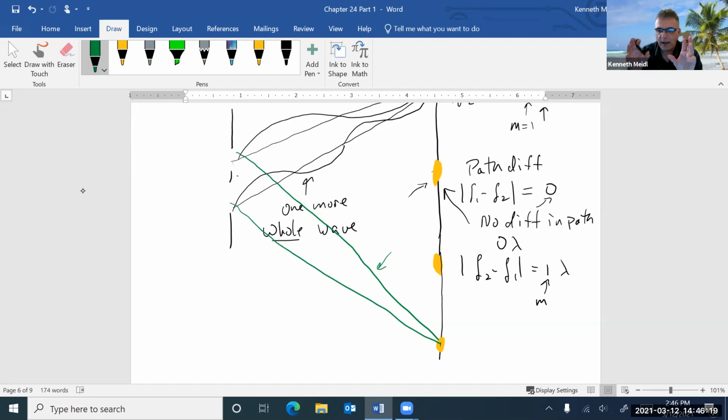It's got to be whole waves for them to be in sync, to be in phase. This spot right here, the path difference, so the difference is just one number minus the other, is holding two whole waves, and that's what that M is. So that M is just really a counting number of how many whole waves happen to be landing in the spot here, okay? And so that's why we get this labeling.